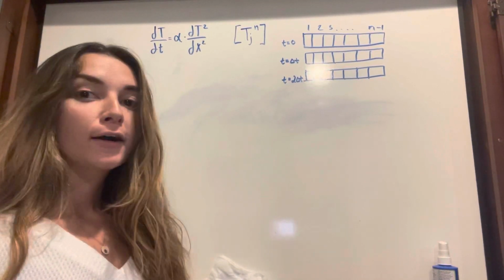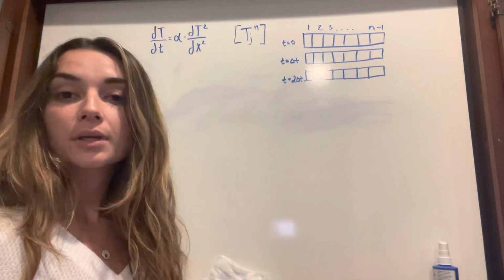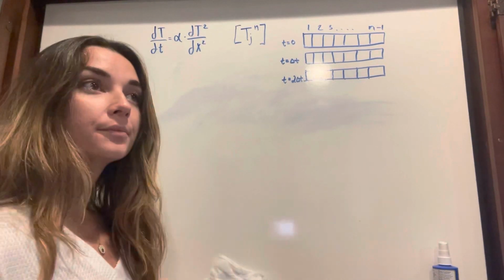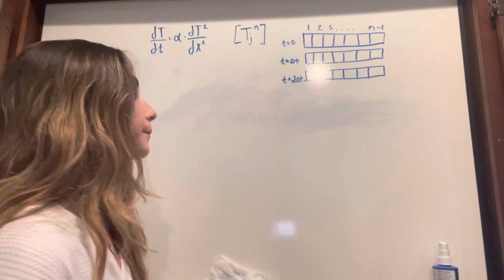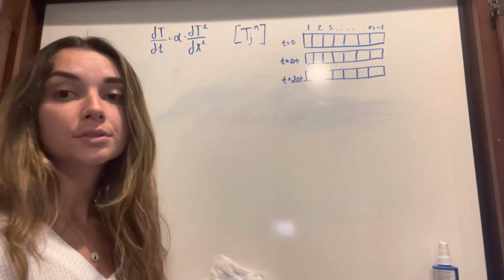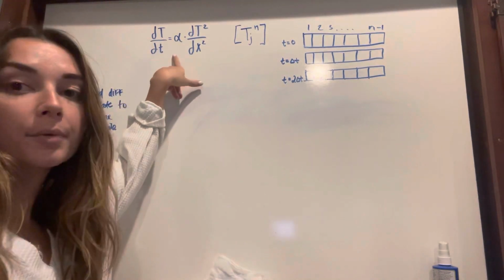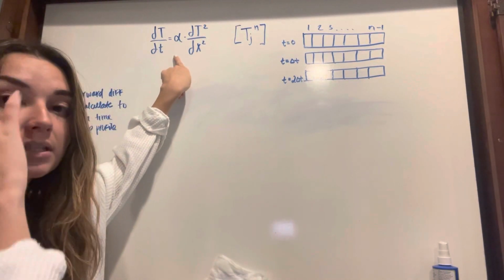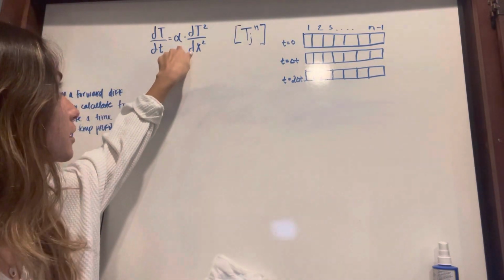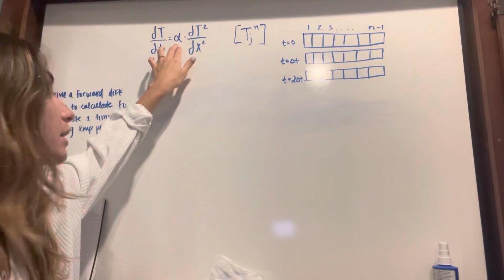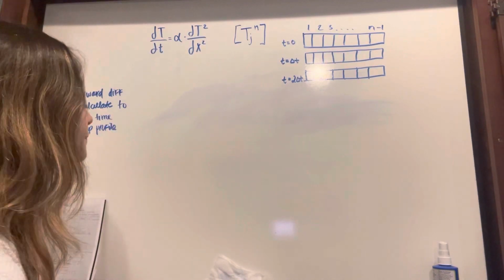All right, guys, this is part 2 of our exam 3 for transport 1. In video 1, we did a proof of a solution for our heat generation equation using our partial differential equation of our temperature with respect to time, which is equal to the thermal diffusivity times the second derivative of our temperature with respect to its position.